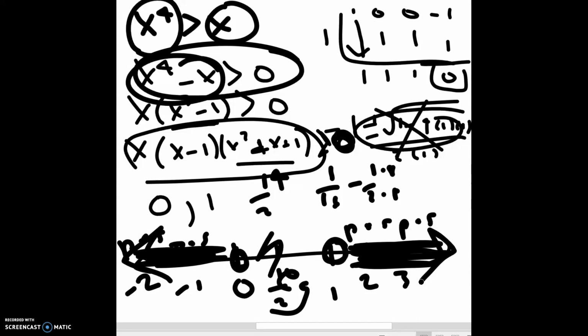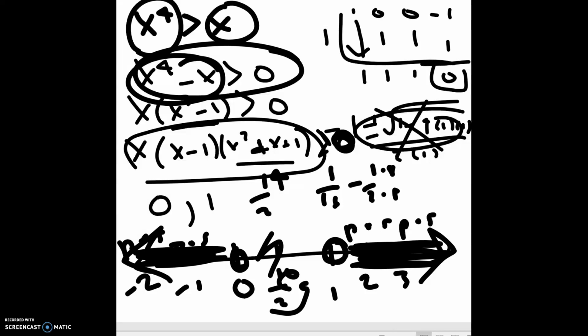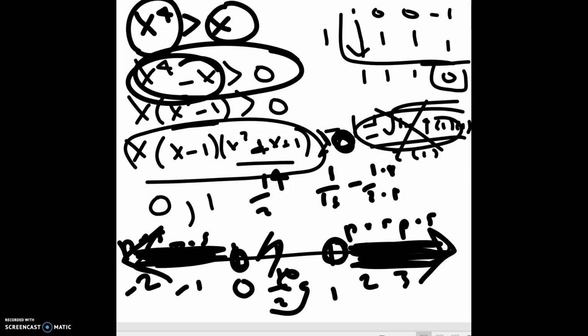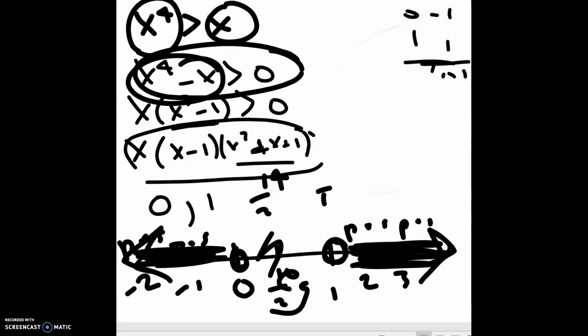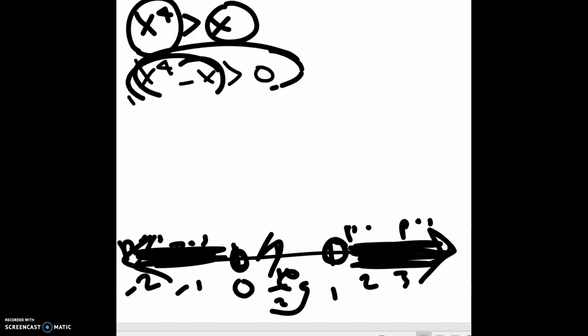So even though I didn't graph it, I kind of have a feel for what is going on here. So if I want to write my interval notation, it looks like I'm going to have to erase a little bit. I didn't like that, because I have to pick the one. All right, so if I erase some of this stuff here, and then there's that. So pens, oops, I lost my pens.